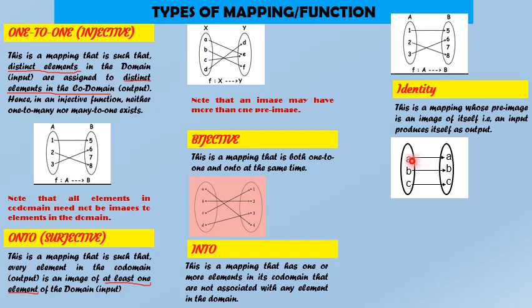Because each element in the input has its own output on its own. No sharing of input, no sharing of output. So it is one-to-one. Then I can say it is also onto. Why? Because all elements in the codomain have at least one element as their pre-image in the domain. So you can see these things can be intertwined.